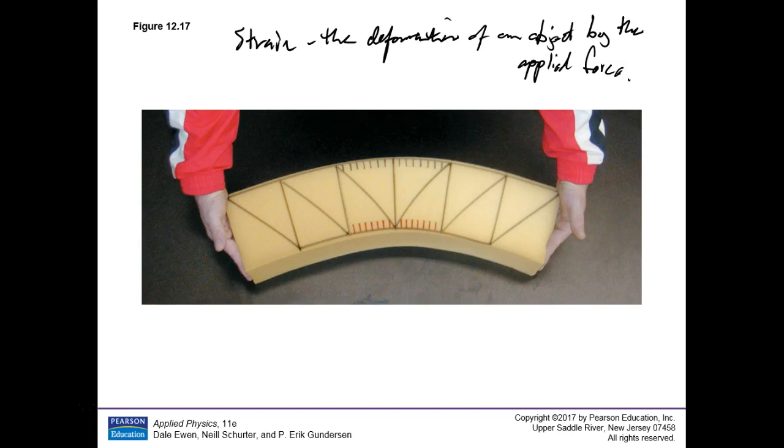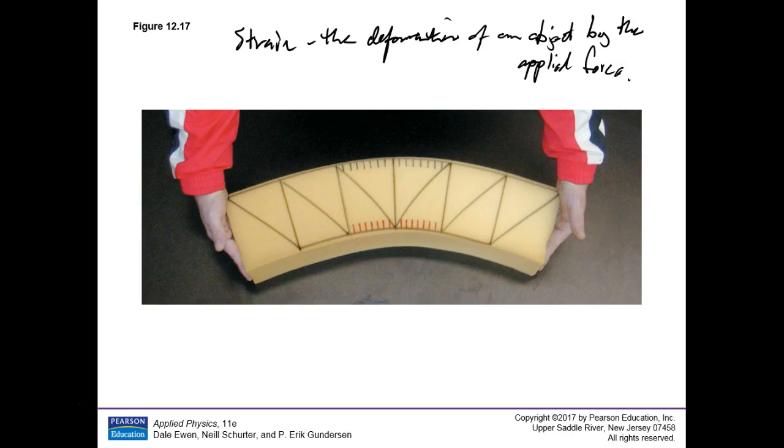originally, when you had this material that looks like something you'd use in a cushion, and these lines, when this was straight with no stress on it at all, then these lines were lined up perfectly. But when you apply the bending force, you force these closer together and stretch these out.